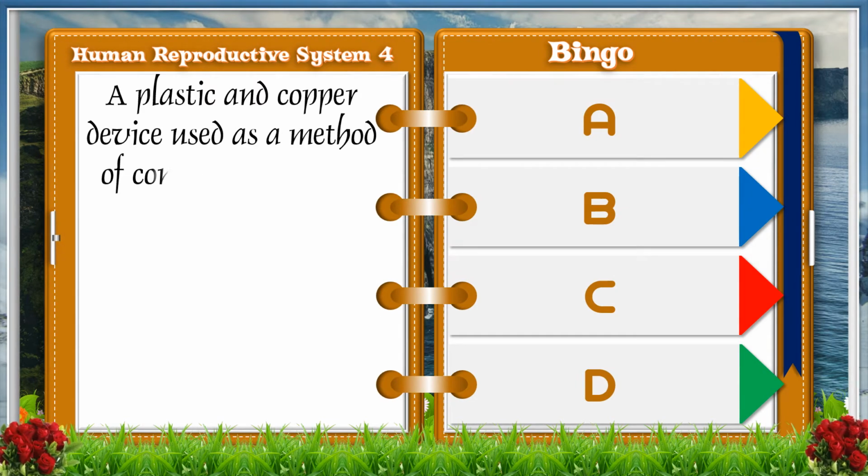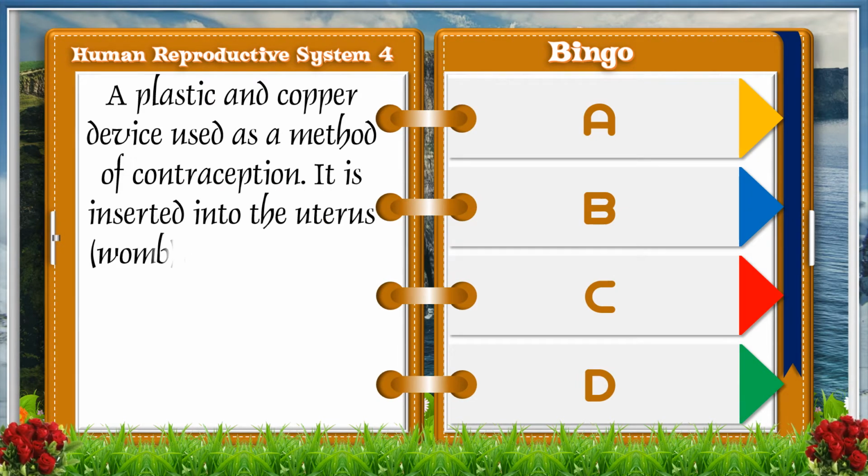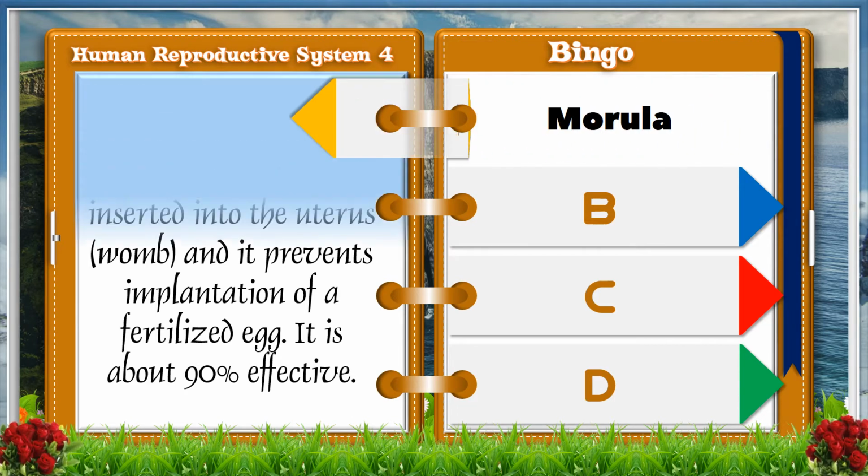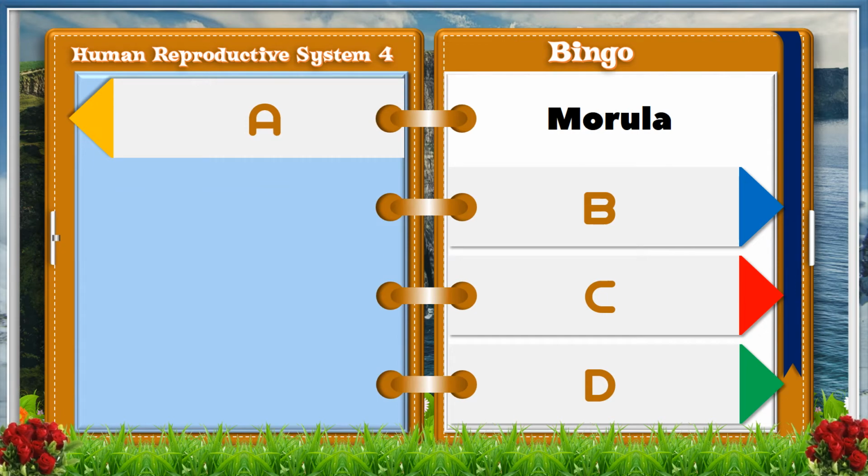A plastic and copper device used as a method of contraception. It is inserted into the uterus and it prevents implantation of a fertilized egg. It is about 90% effective. A. Molecular.